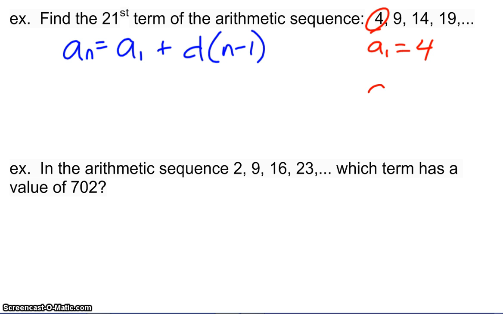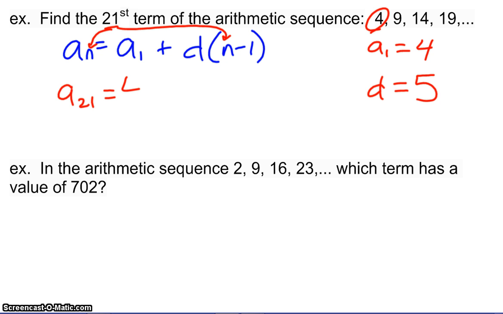And what is our common difference? As we go from 4 to 9 and 9 to 14, we are adding 5 every single time. So now we can plug in 21 for our n, because that's the numbered term we are looking for.